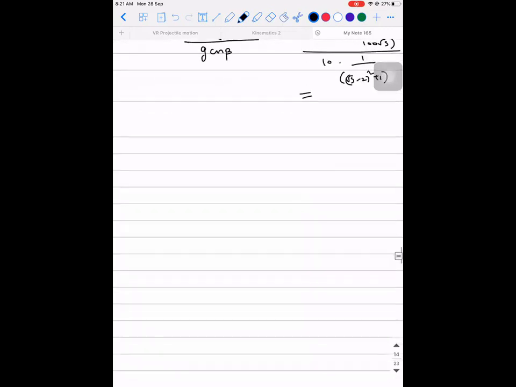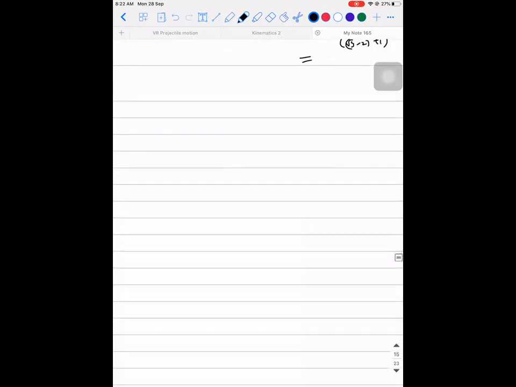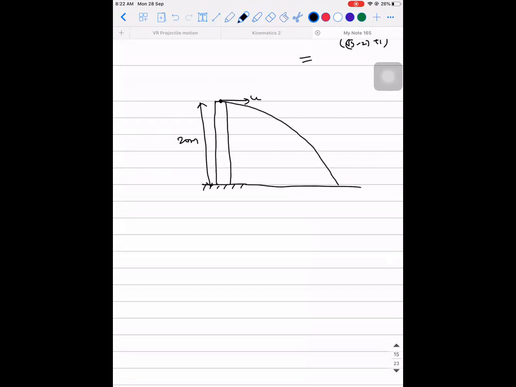How to do? Those who have solved, can you tell me? So there is a tower. What is the height of the tower given? 20 meter. It is projected with the speed u along the horizontal. So can you tell me what exactly is the physics involved behind this? It goes and hits the ground. Is it going to hit the ground horizontally or vertically?